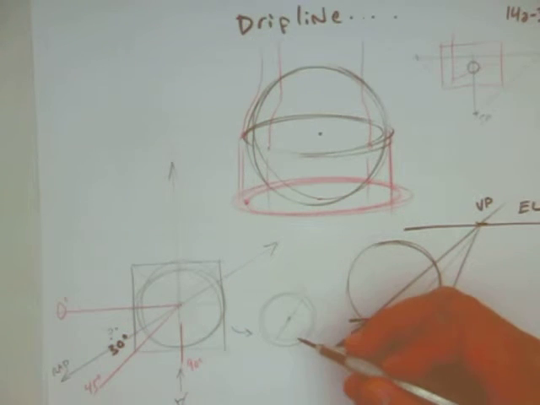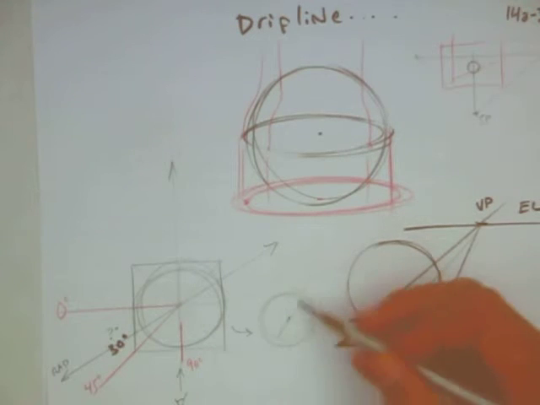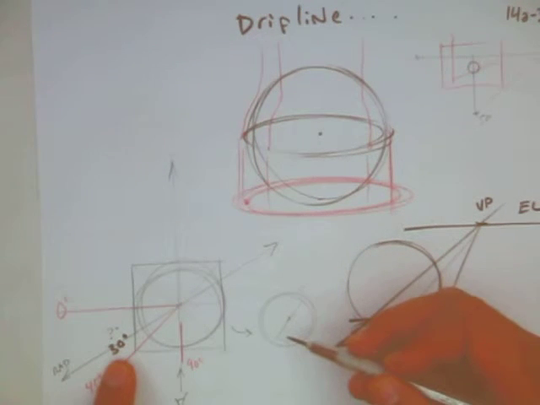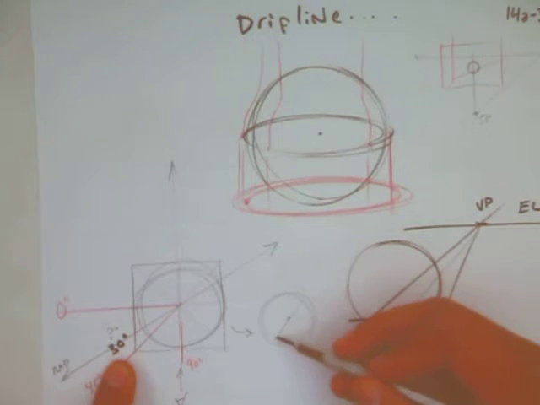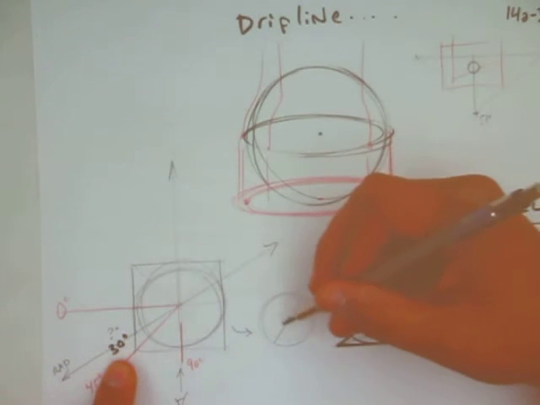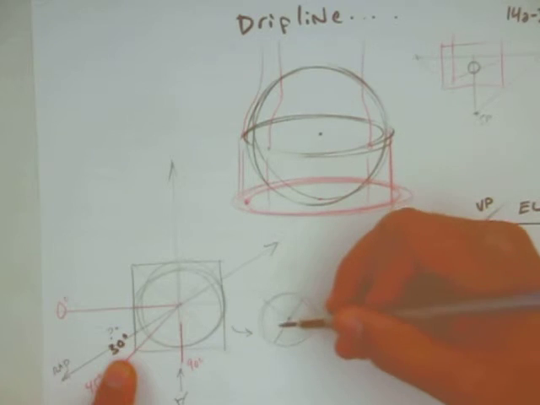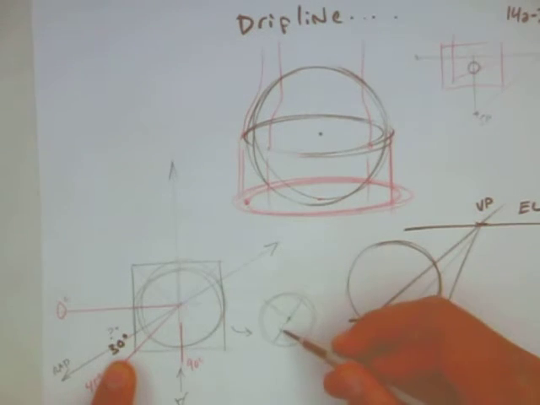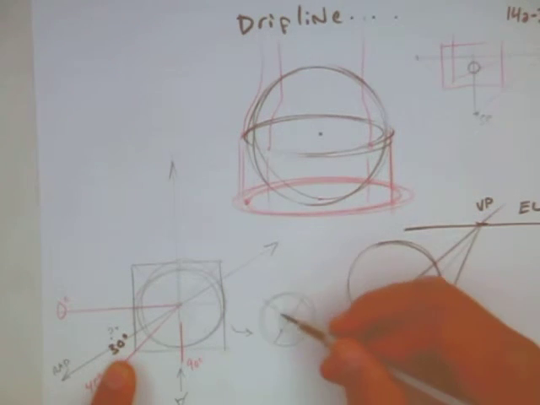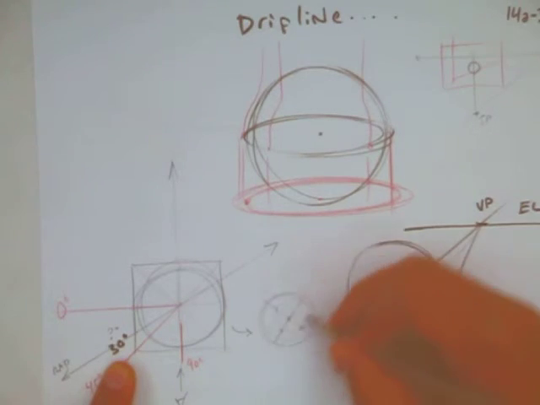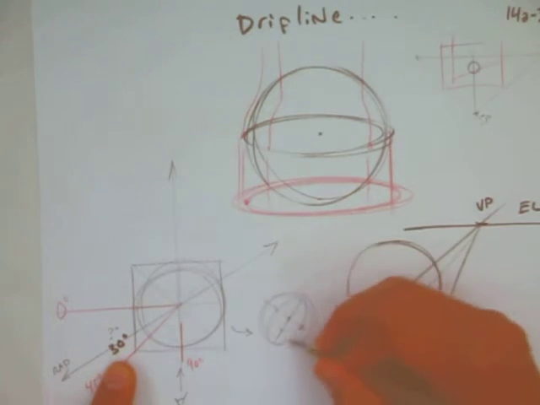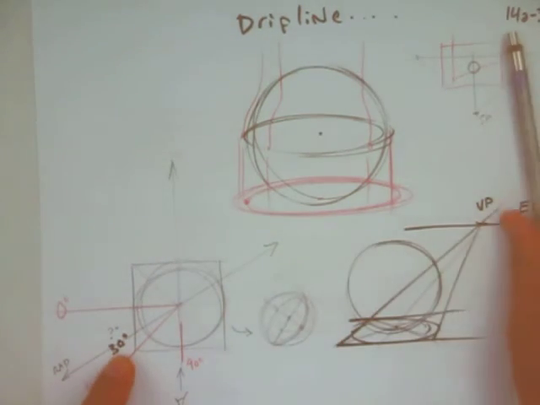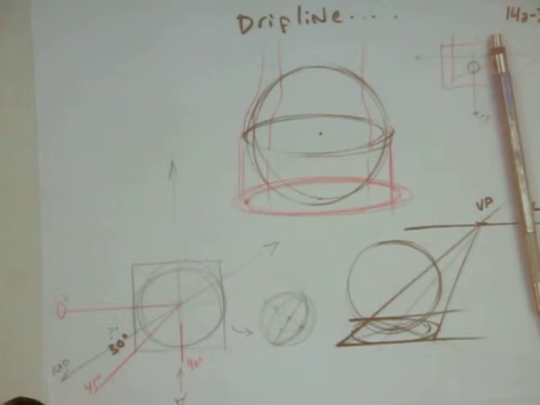Here's my drawing of my sphere, and we've just decided that my angle of view for the light is 30 degrees. So I just take this and make it into a 30-degree ellipse. You see what I mean? So that's what that's for, if you know the angle that you're coming in at.